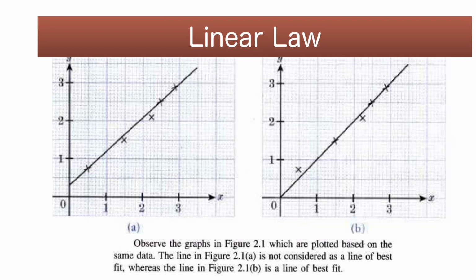The number of points not on the line must be fairly equally distributed. So there's 1 point on top of the line, and you must have 1 point below the line. If you look at the line at the left, you have no point on top of the line, but you have 2 points below the line. So that is not a line of best fit.